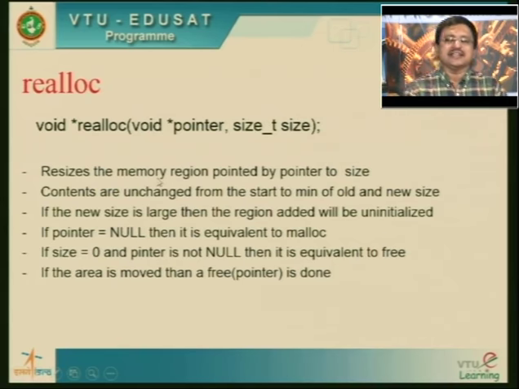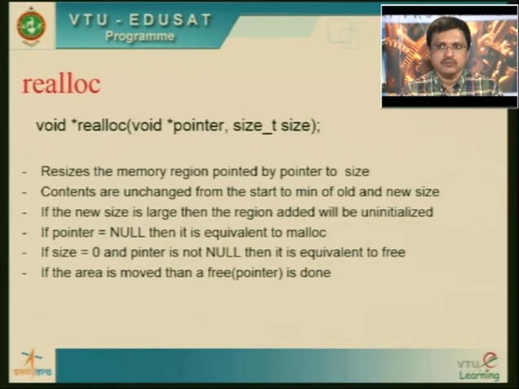Realloc is basically an extension of malloc. Malloc gives you a block of memory of the size you passed. When the program is running, the user may put in logic that at this point this much memory is not enough and I have to increase its size, or decrease its size. So realloc resizes the memory region pointed to by the pointer.